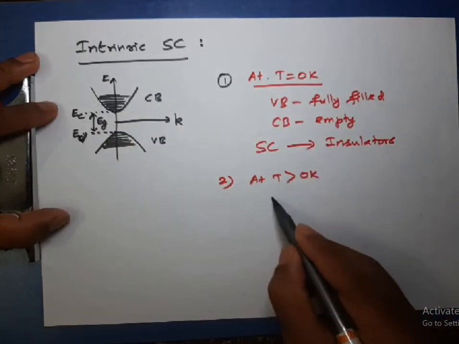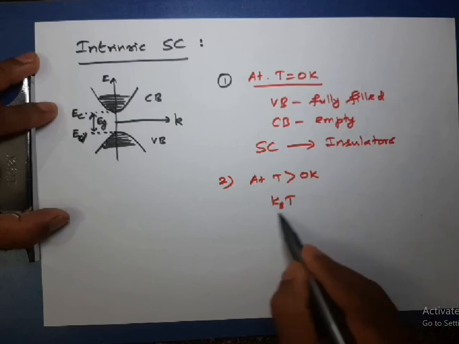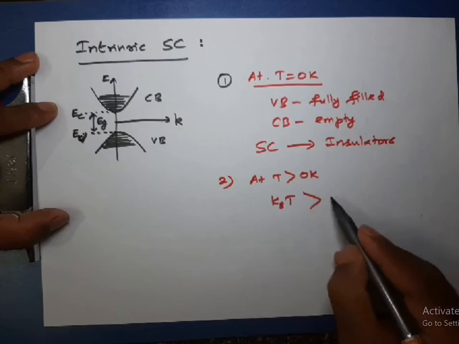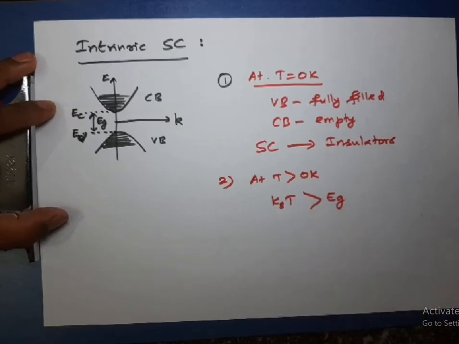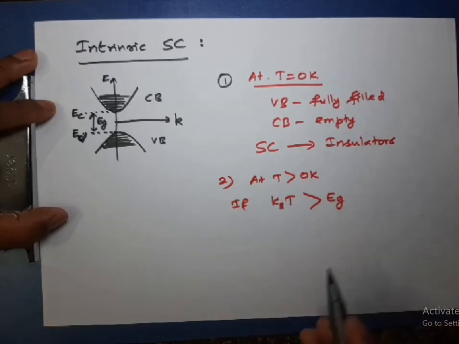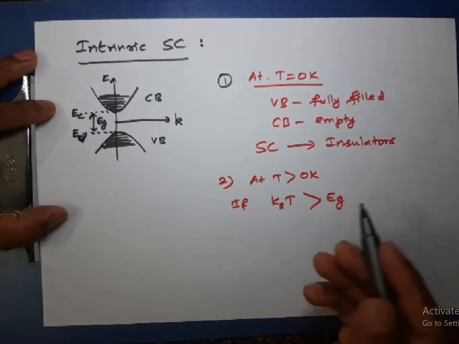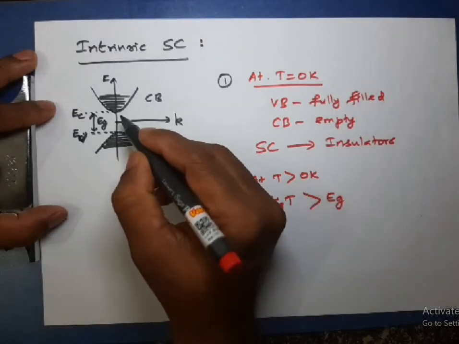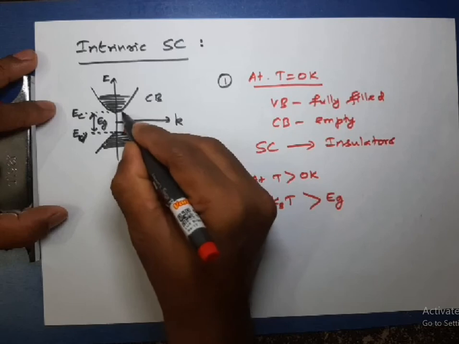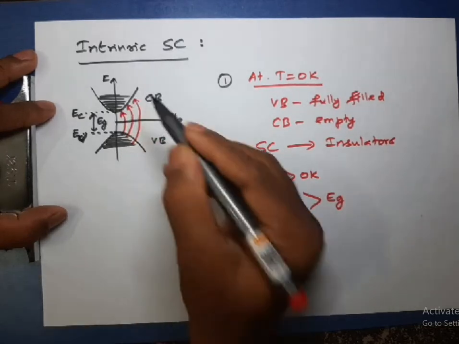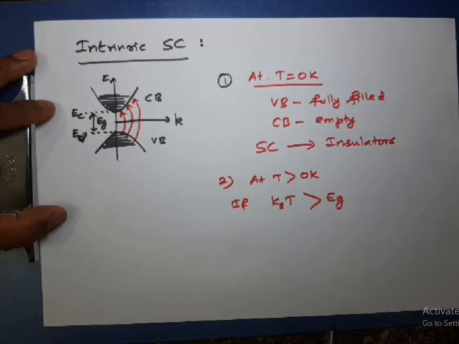If the average thermal energy available at temperature T is greater than the band gap of the material, what will happen? Electrons undergo transition from the valence band to the conduction band.